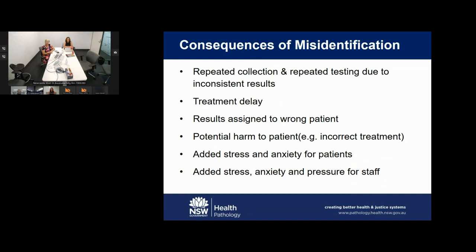But as I said, there's many scenarios where that is not picked up and you really don't know that the wrong patient result has gone into the wrong patient records if you have both those patients in the hospital at once.